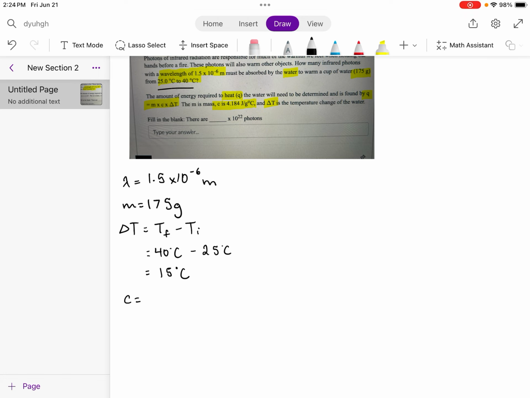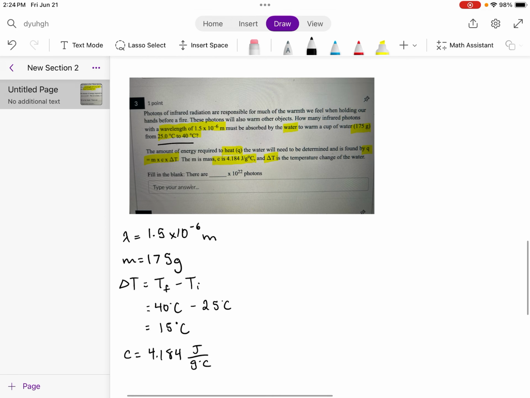And C, that is the specific heat capacity. Here, let's write it down first. Joules per gram degrees Celsius. So every material, like the question said, we feel warmth, and you can also warm objects.